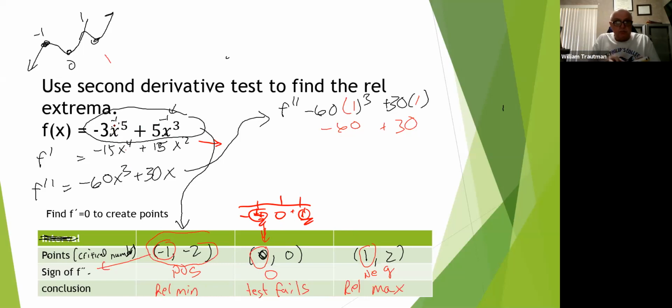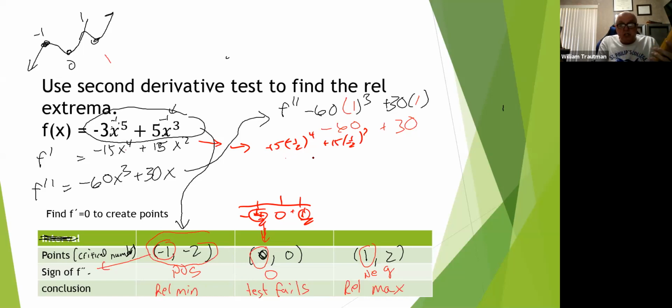Plug -1/2 into the first derivative: -15 times -0.5 to the fourth plus 15 times -0.5 to the second.